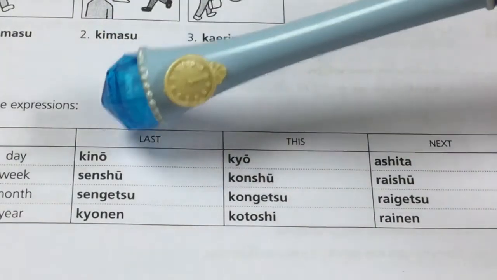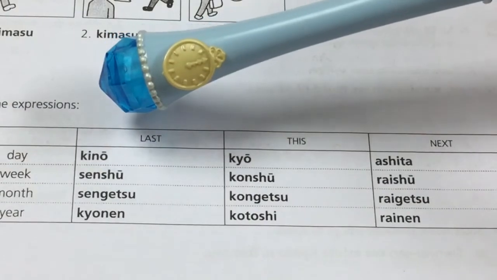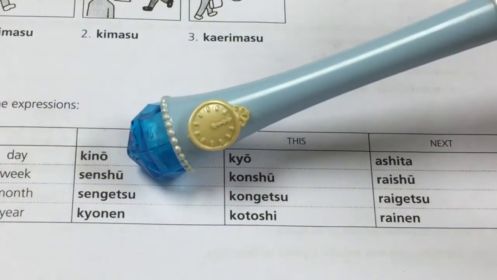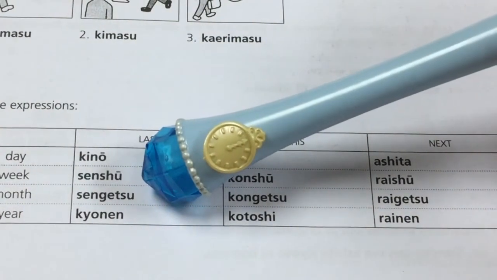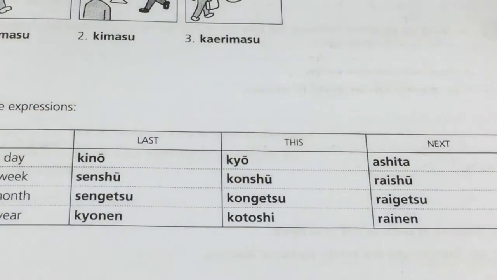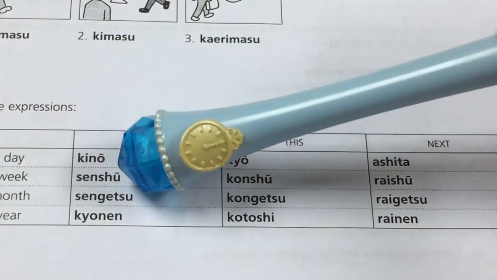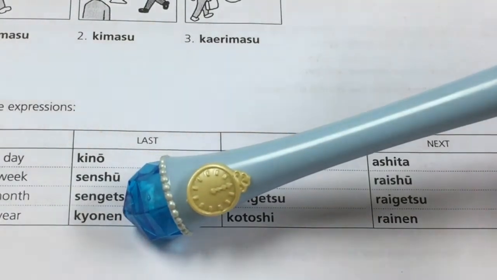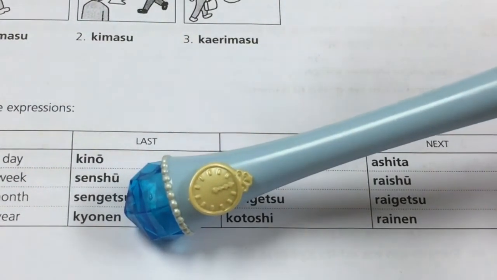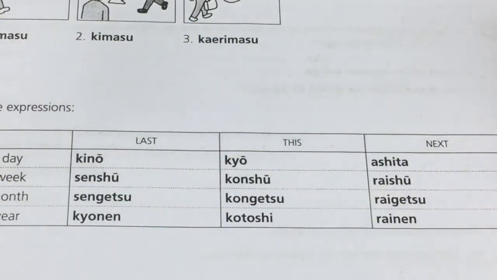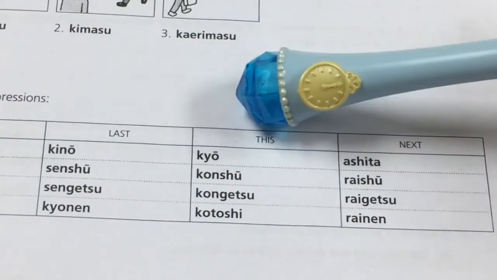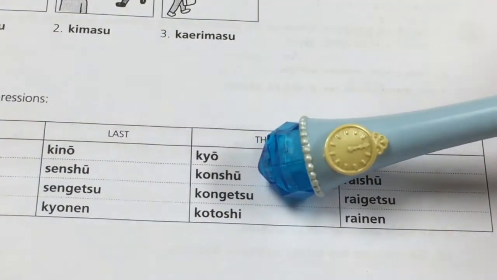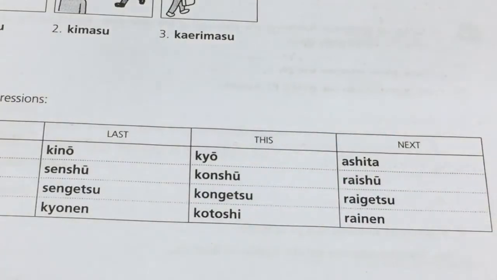Alright, so I hope you review by yourself and remember the times which represent the past form. For example, kino means yesterday, senshuu last week, sengetsu last month, kyonen last year. For kino, senshuu, sengetsu, kyonen, we have to change the verb masu to mashita, and negative is masen deshita. Let's see the present form. Kyo today, konshuu this week, kongetsu this month, kotoshi this year.